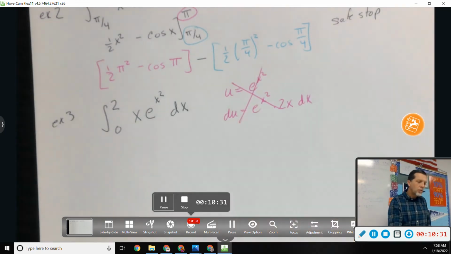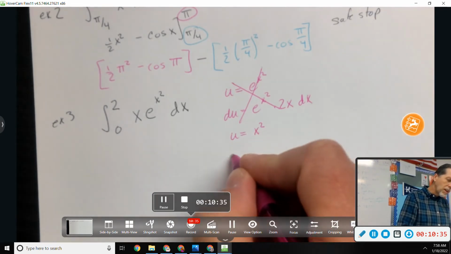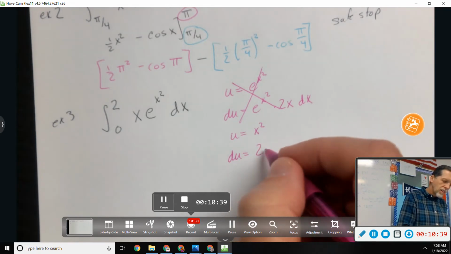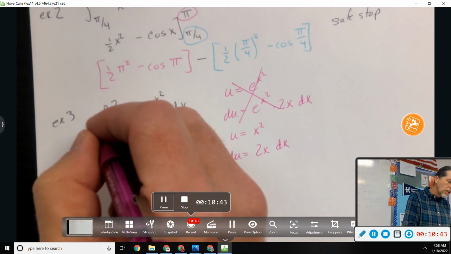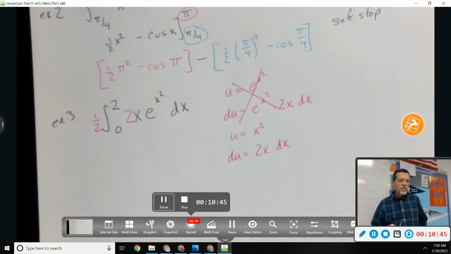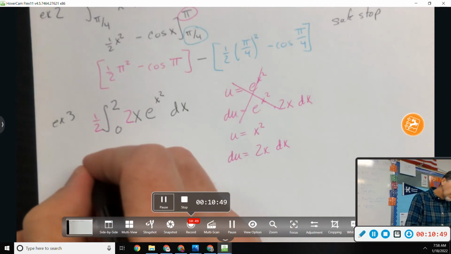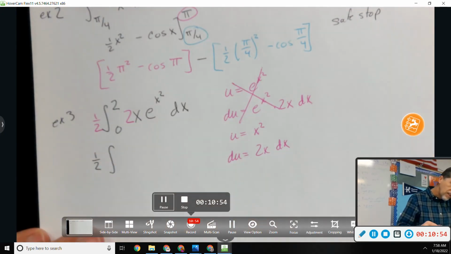If we do x squared, that's a great pick because then what's du? 2x dx, and that's almost what we have. We can put a 2 there. So 1/2 antiderivative. Let's be careful here.